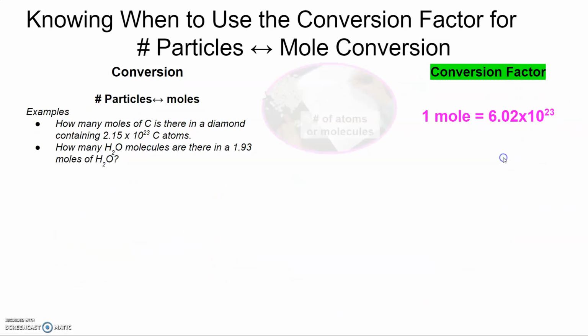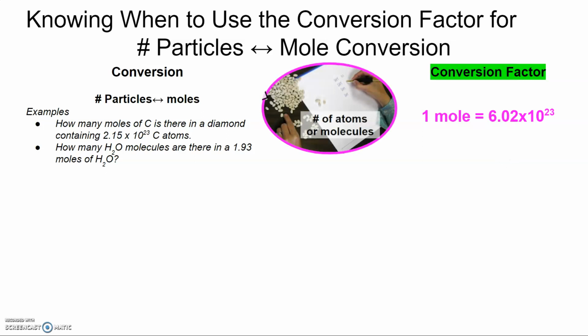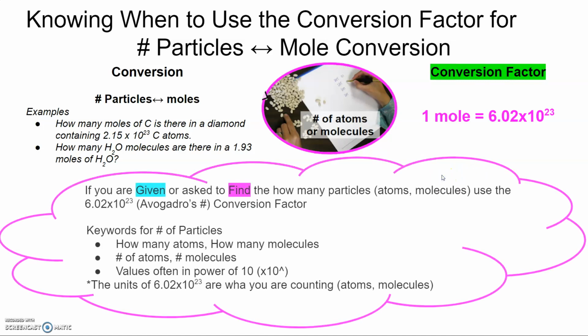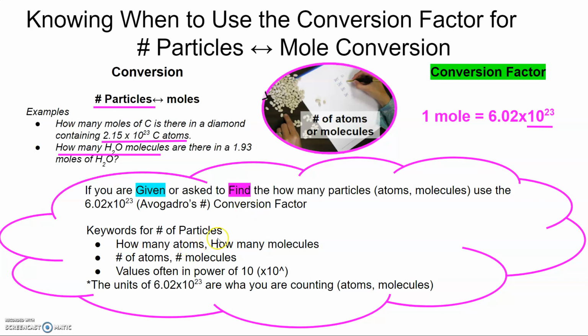The last example is when you're dealing with number of particles. When I say number of particles, you're counting the number of atoms or the number of molecules. In these types of problems, you are looking for keywords like how many atoms or how many molecules. In that case, you're asked to count those number of things.